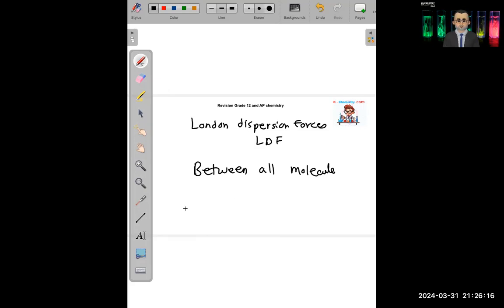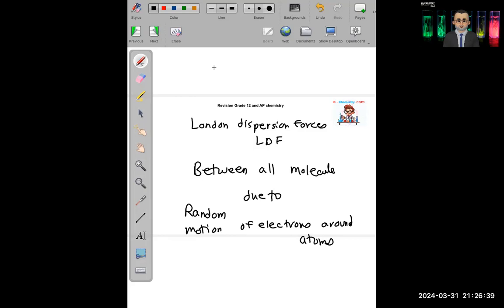which happen due to the random motion of electrons around the atoms inside the molecules. At a given moment, the nonpolar molecule might have more electrons on one side than on the other side. So this shape is nonpolar, it's called CH4.